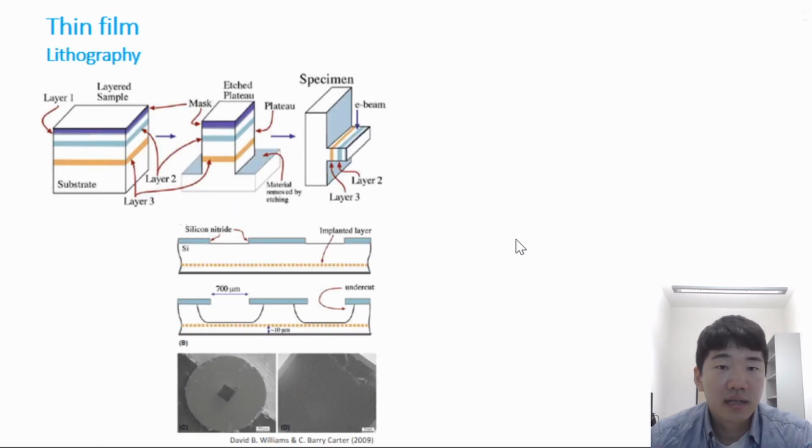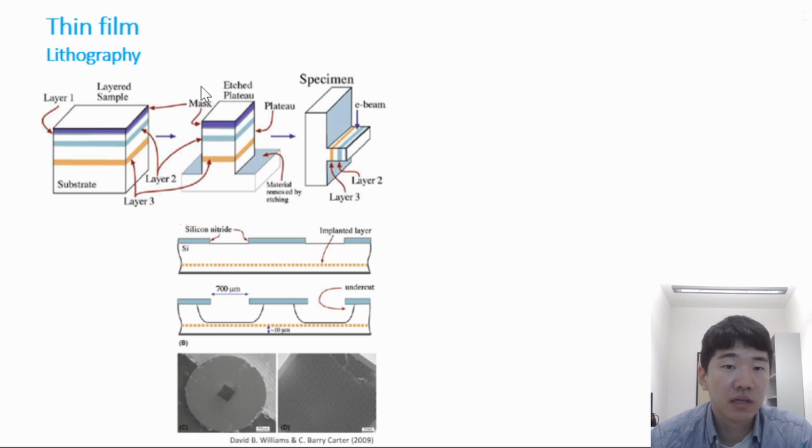Here we use a technique developed for advanced engineering applications, which we call lithography. It is used in the microelectronics industry to define fine electronic lines, of which the width can be down to several nanometers. So we can draw a line on the layered material using standard lithographic techniques.